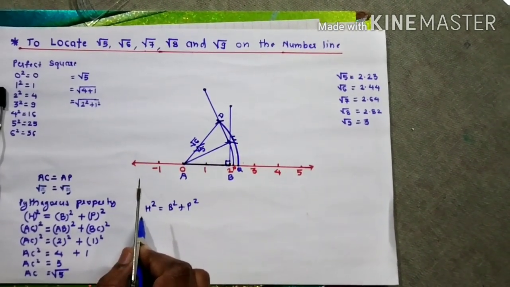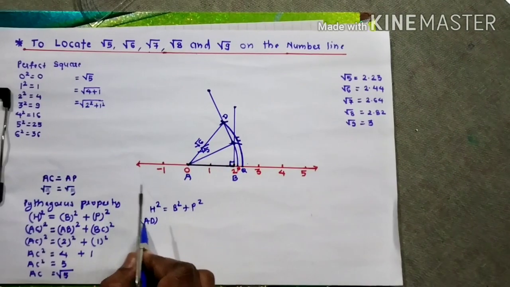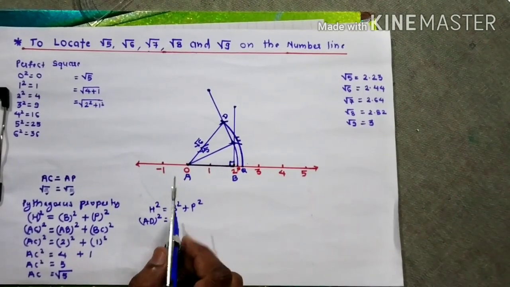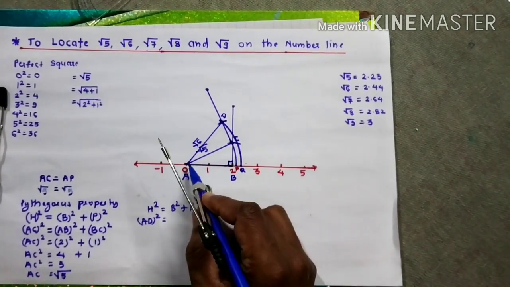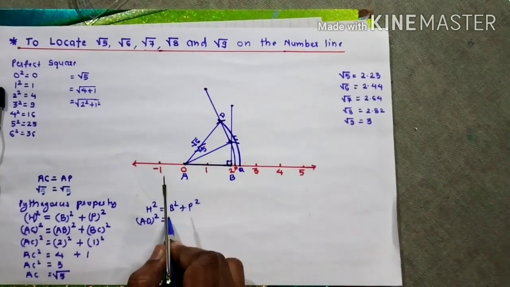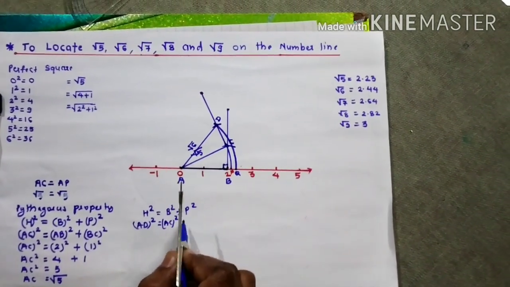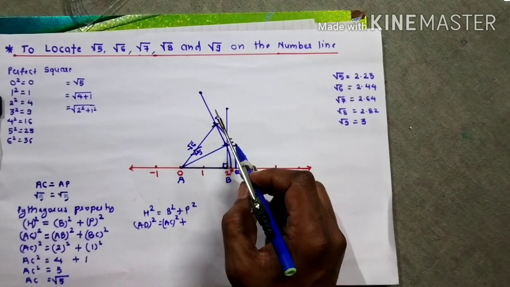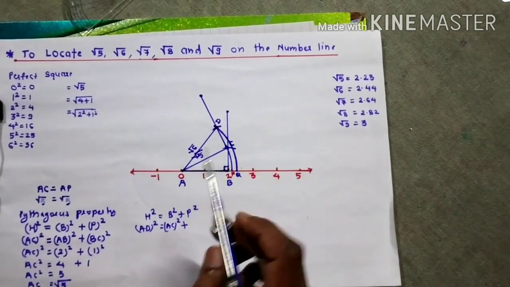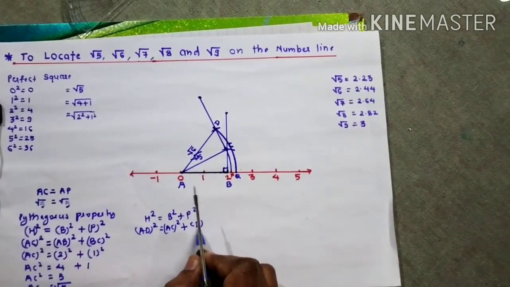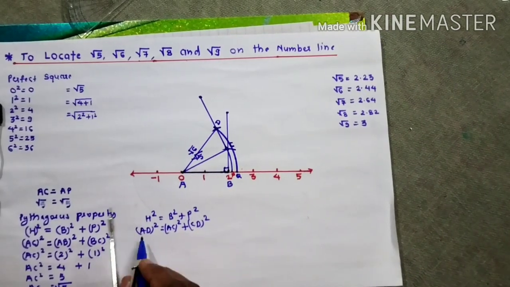So what is the hypotenuse here? AD square is equal to base, this AC square, plus perpendicular, CD square.